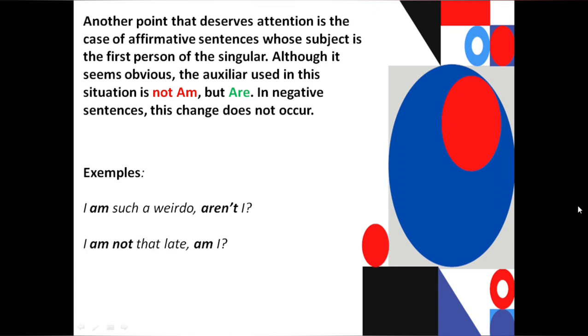It's wrong. Even sounds wrong. I cannot say this in any circumstance. It's I'm not that late, am I? Okay, always like this. Every time I use the first person, I will use these rules right here, guys.